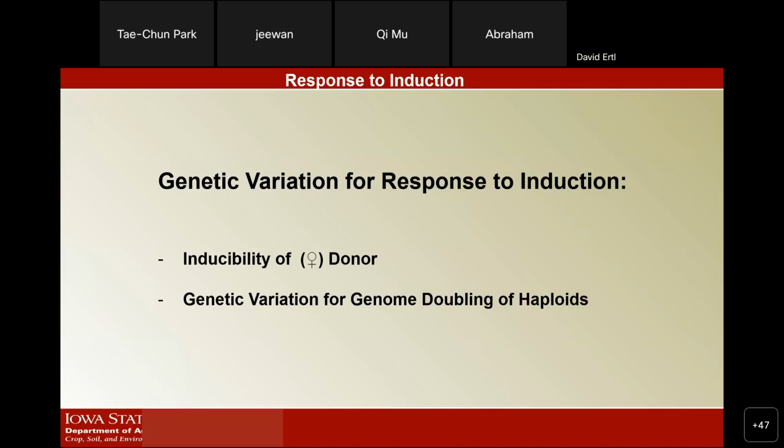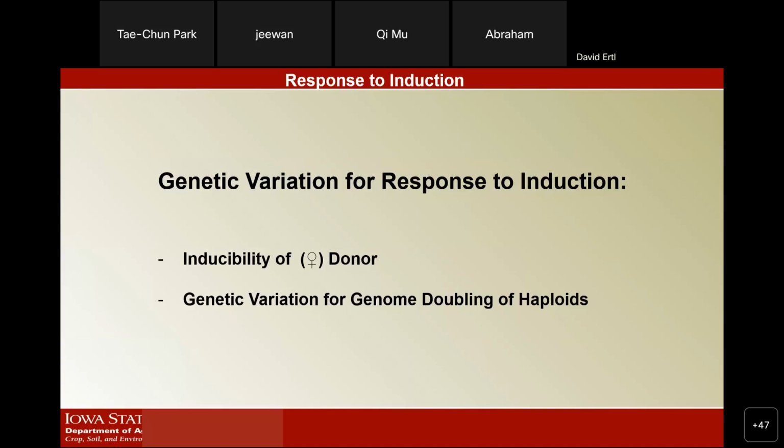We also felt that this is something that breeding companies or breeding programs probably inadvertently select for, and we didn't give priority to this trait. So we believe that over time, commercial breeding programs will increase their induction rate because there's selection ongoing in their elite materials.